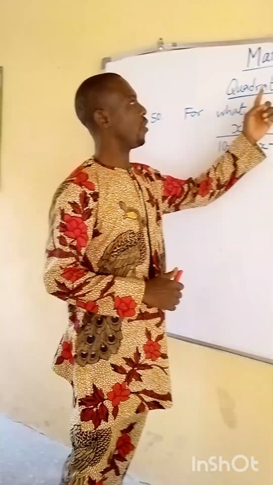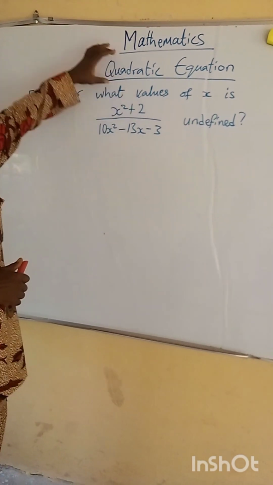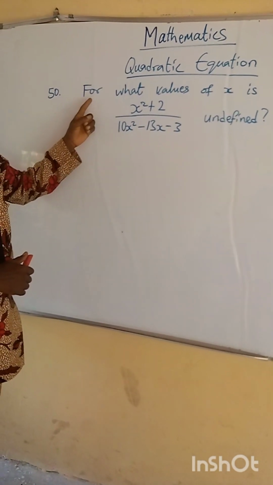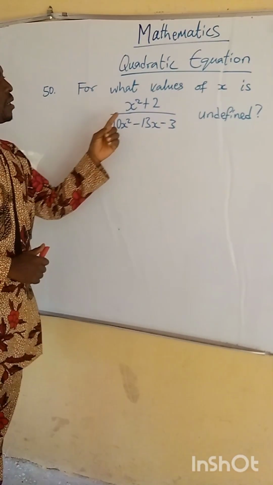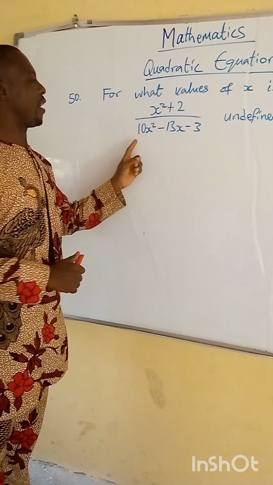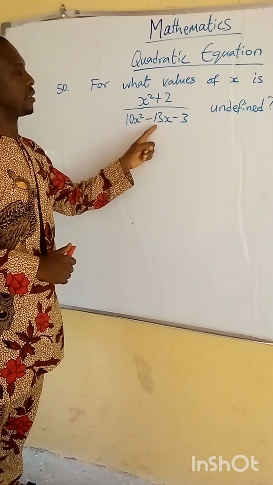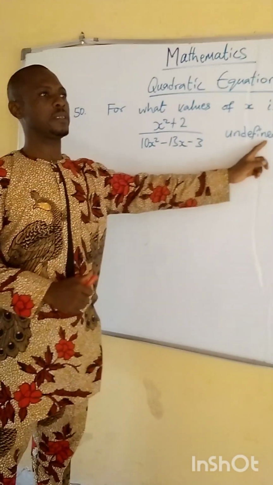The question before us here is quadratic. The topic before us here is quadratic equation. And the question reads: for what values of x is (x squared plus 2) over (10x squared minus 13x minus 3) undefined?